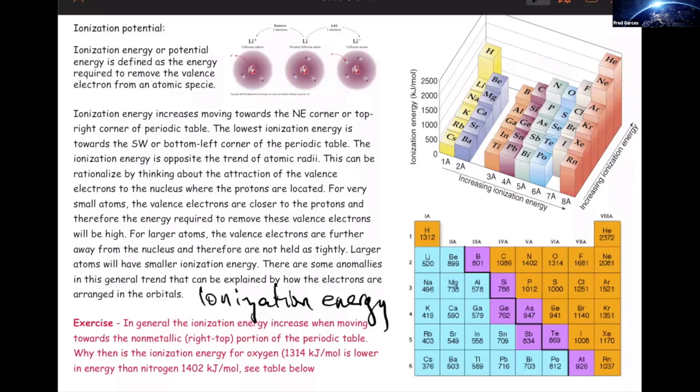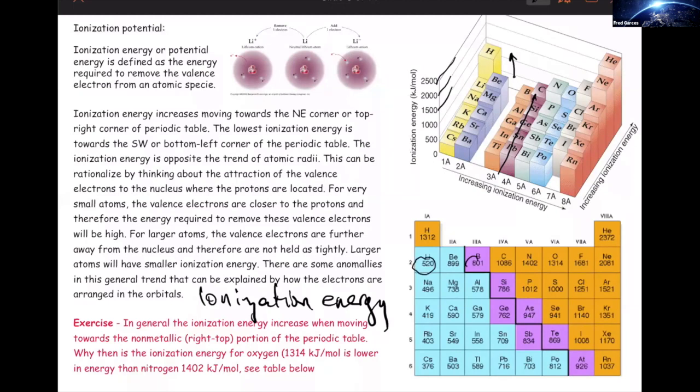The height tells you the ionization energy. This is the scale right here. The smaller atoms generally for a family are going to have the higher ionization energy. These are the values for the ionization energy in this particular table.